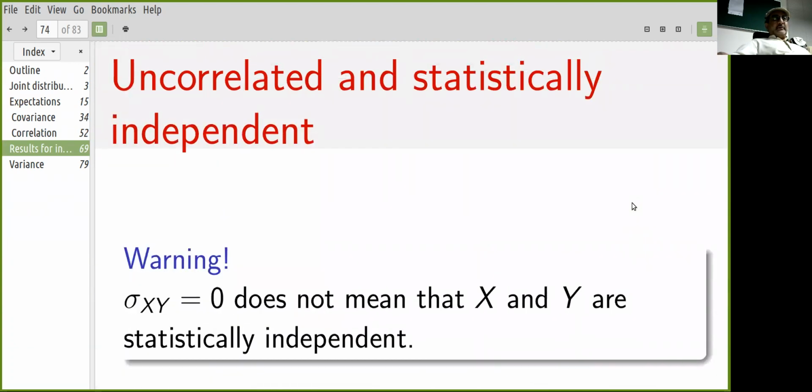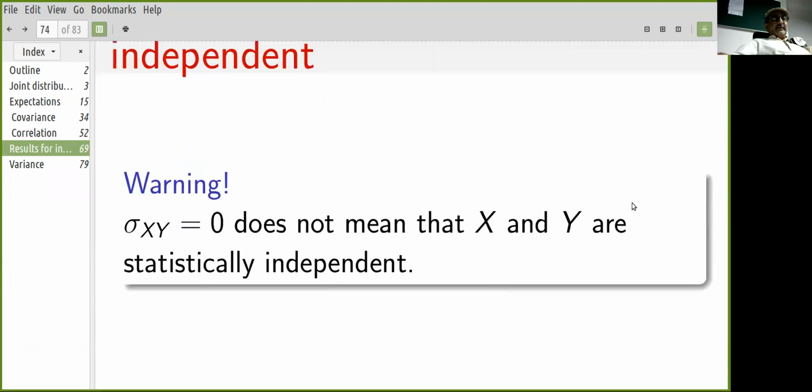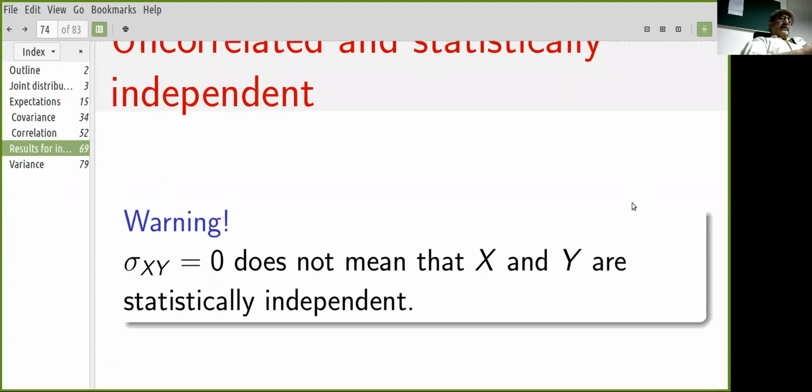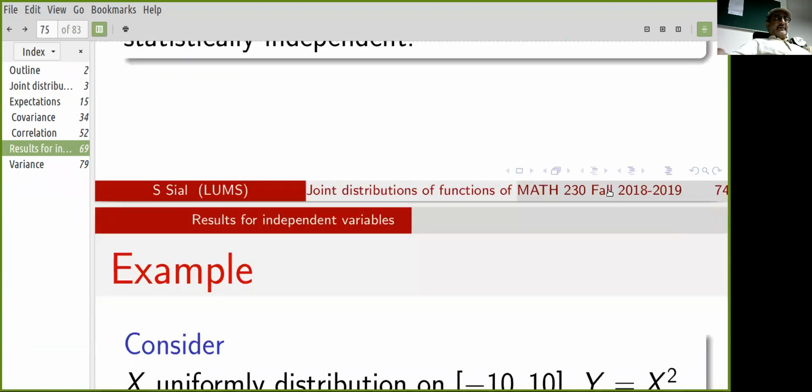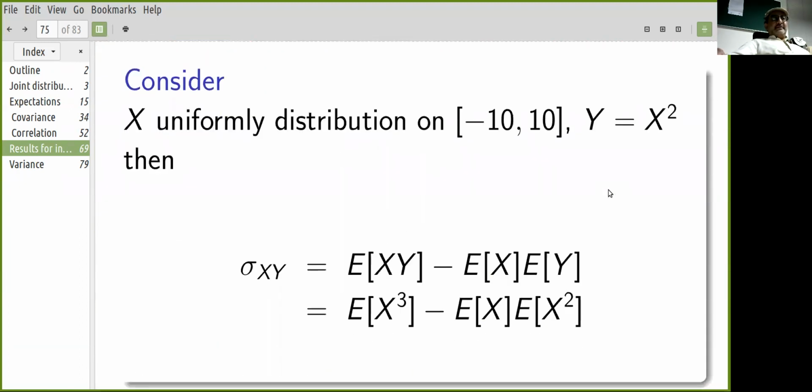All right. One thing to note, a covariance of 0 does not mean that x and y are statistically independent. Doesn't always happen. And here's an example.